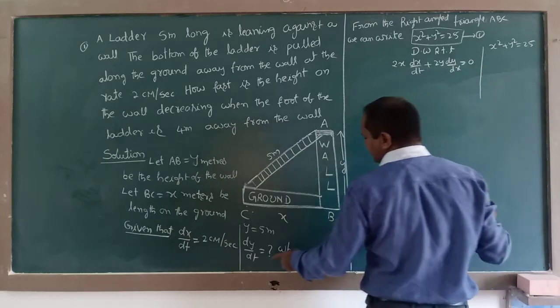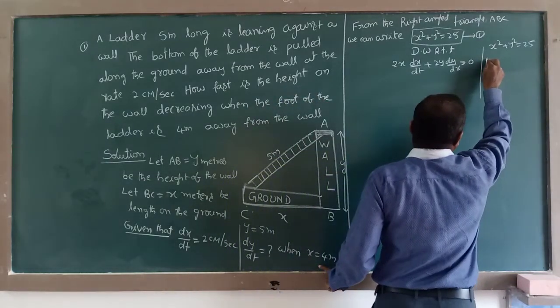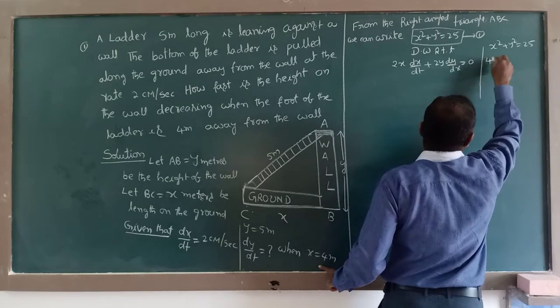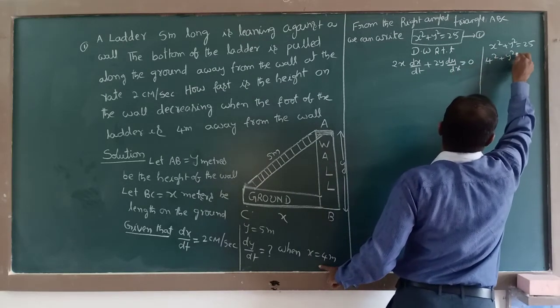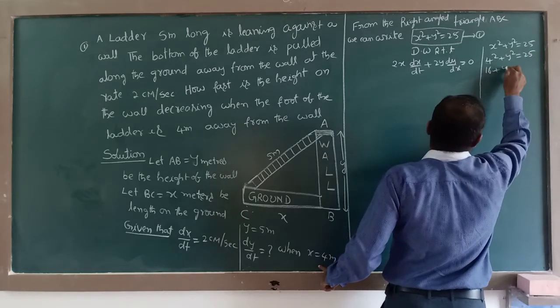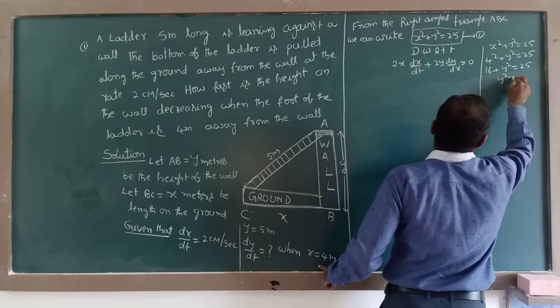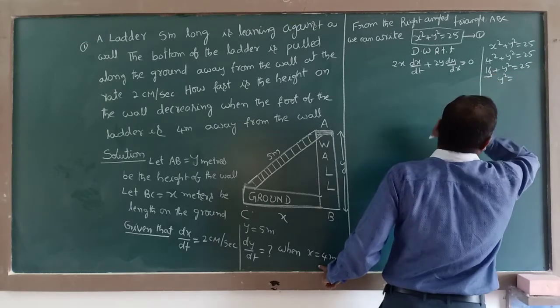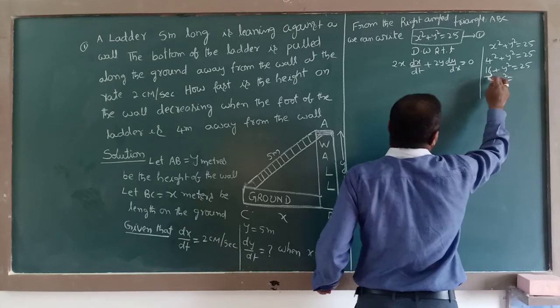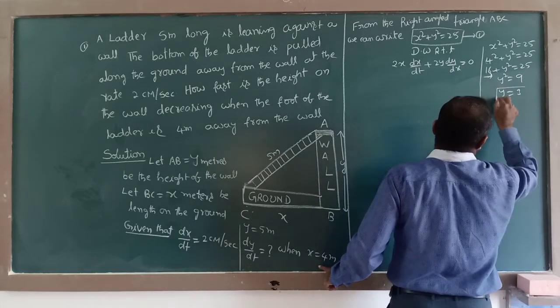The x value they gave is 4. So 4 square plus y square is equal to 25. 16 plus y square is equal to 25. Y square, sending 16 that side, becomes 25 minus 16 becomes 9, and y is equal to 3 we got.